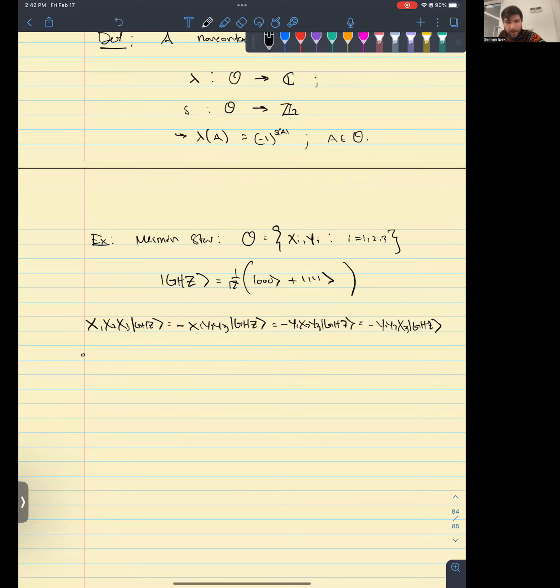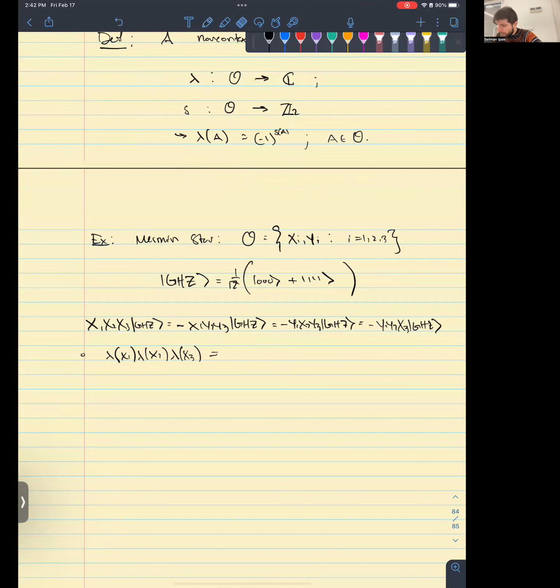So, for example, if I assign some eigenvalue to x1, x2, and x3 for this relationship here, I would have lambda x1, lambda x2, lambda x3.